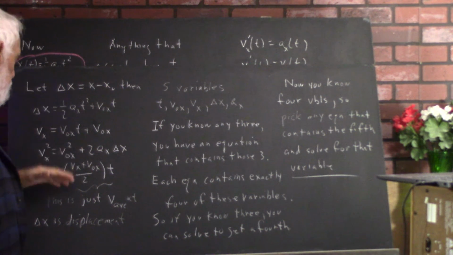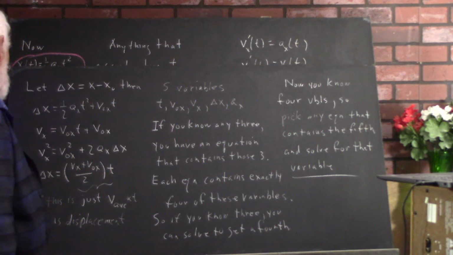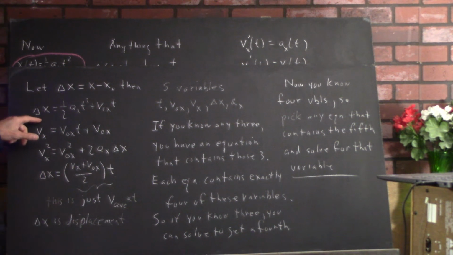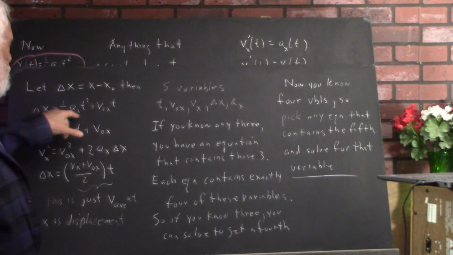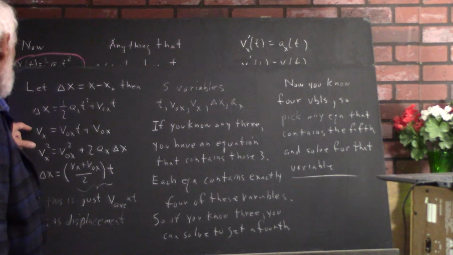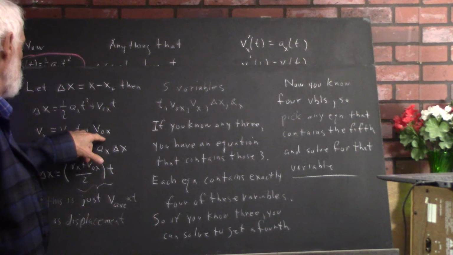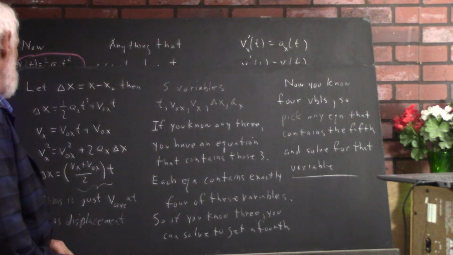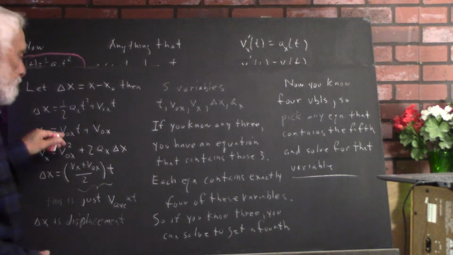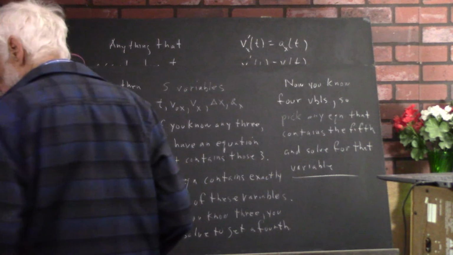Then we can write these things in a little more compact form. We have delta x then is 1/2 ax t squared plus v naught x t. I wrote that wrong. That made no sense.